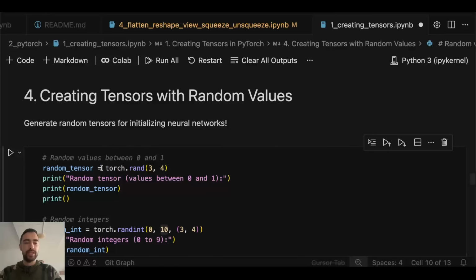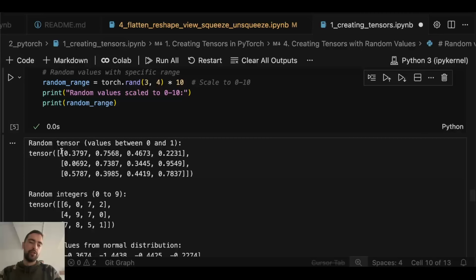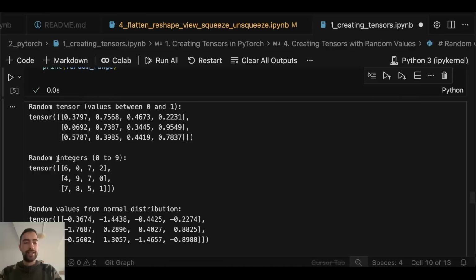The first example is torch.rand 3, 4, which gives us numbers between 0 and 1, in 3 rows, and each row has 4 columns. The second, randint, gives us integers like this between 0 and 9.